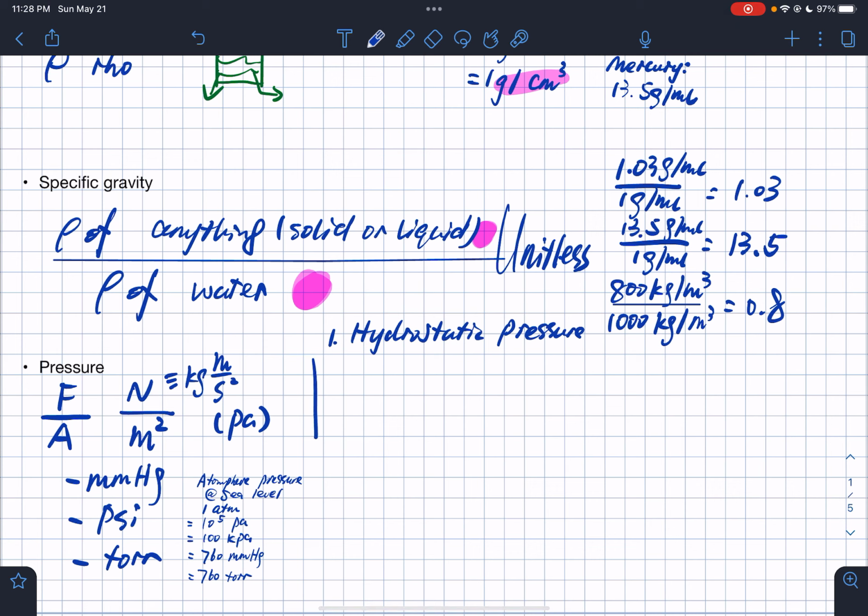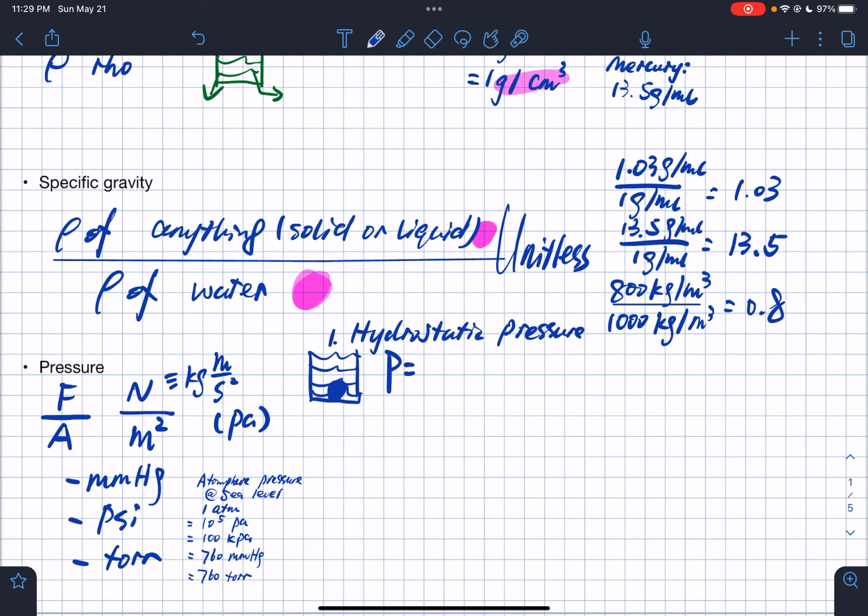Let's imagine you have a system where there's water or any liquid in there, and there's an object sunk to the bottom. This object is experiencing some force exerted by the liquid that surrounds it, right?